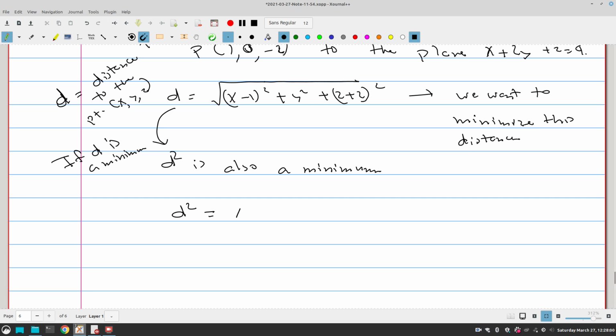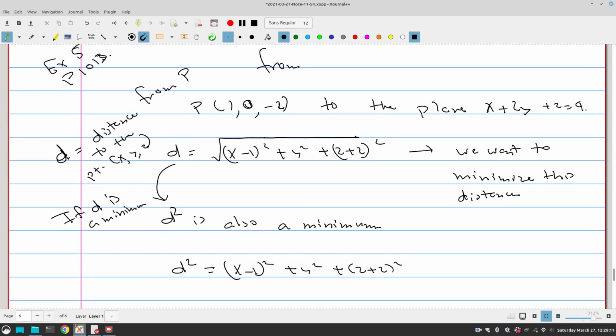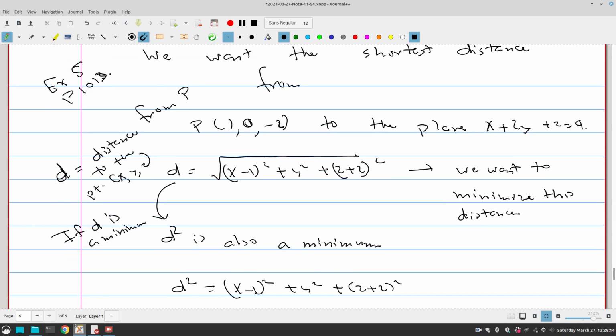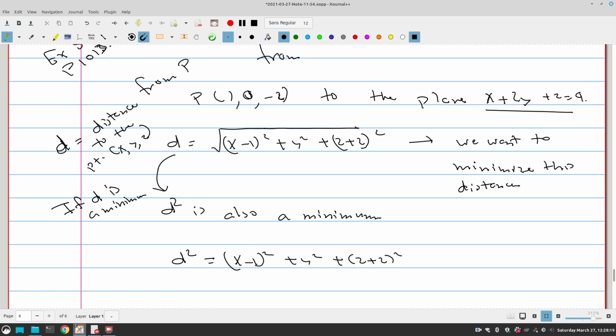So D² = (x − 1)² + y² + (z + 2)². And of course we want to apply the fact that the point (x, y, z) is on the plane, so it's constrained by this equation, meaning z = 4 − 2y − x. So D² is actually a function of just x and y: (x − 1)² + y² + (6 − 2y − x)².